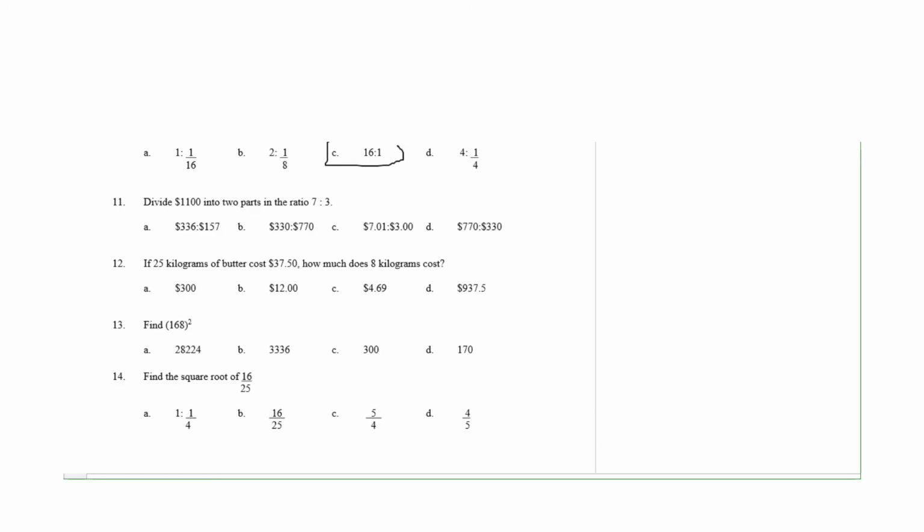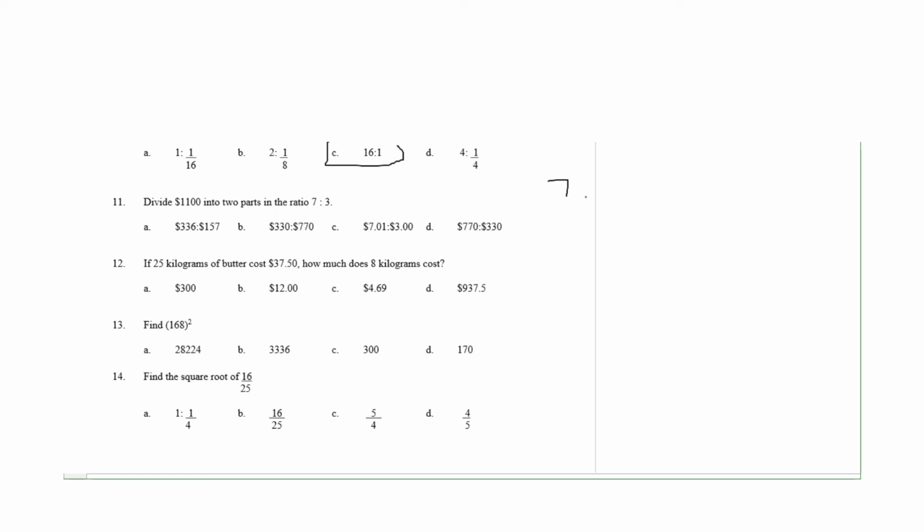Okay. And this one says divide 1100 into 2 parts in the ratio 3 to 7. We're going to see how much the part of 3 gets and the part of 7. So first we're going to find the total ratio. So we're going to add 3 plus 7, or 7 plus 3, same thing. So that's 10.